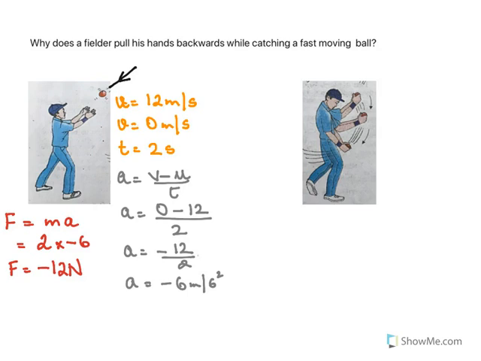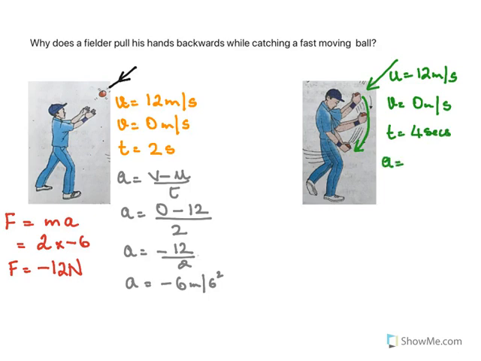In the second case, again the ball approaches the player with a velocity of 12 meters per second. So U is 12 meters per second. The player now holds the ball, so the final velocity is 0 meters per second. However, here the ball comes to rest after some time. He lowers his hand, and the time taken to stop the ball is now 4 seconds, more than the earlier case.